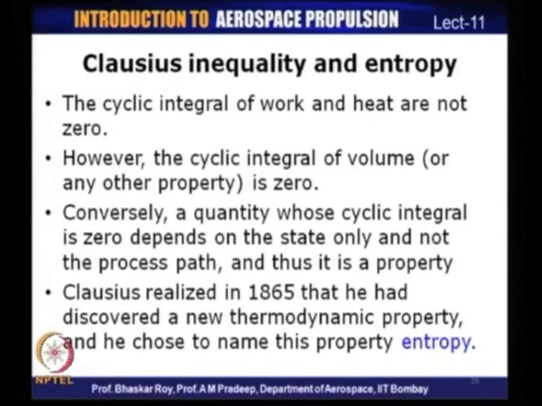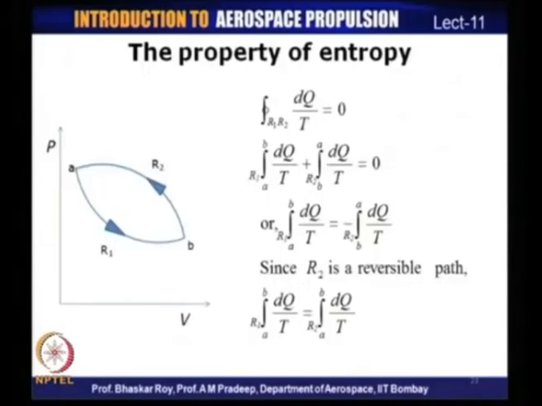So, Clausius in the late 1860s realized that if that was to be the case, we have a new property here, because the cyclic integral of dQ by T is equal to 0 for a reversible process, which means that this quantity dQ by T has to be a property of a system. And Clausius chose to name this property entropy. So, this was named entropy by Clausius in 1865.